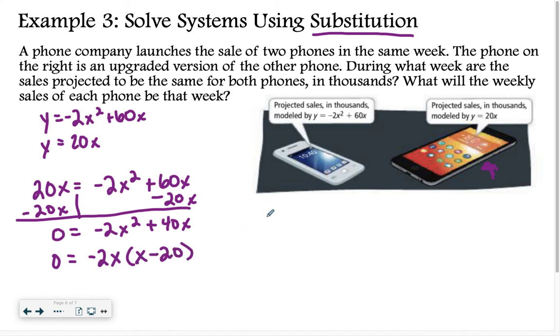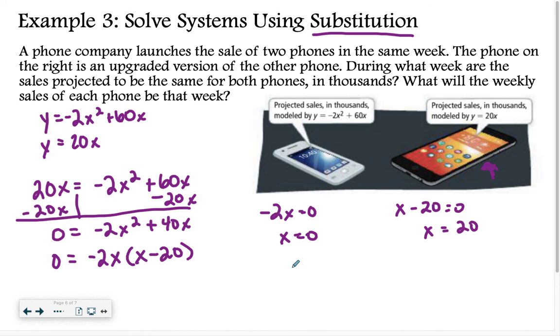Now I solve just like what I've been doing. I say negative 2x equals 0, and then I have x minus 20 equals 0. So if I divide this, x equals 0, or x equals, if I add, 20. And if we think about that, x equals 0 represents the start of the sale of the two phones, right?